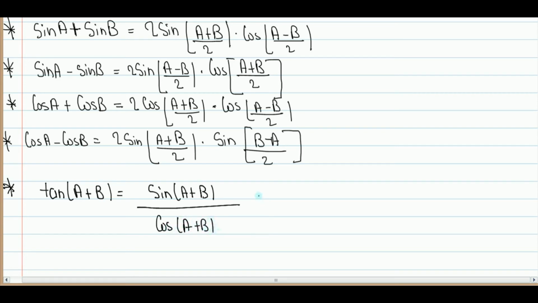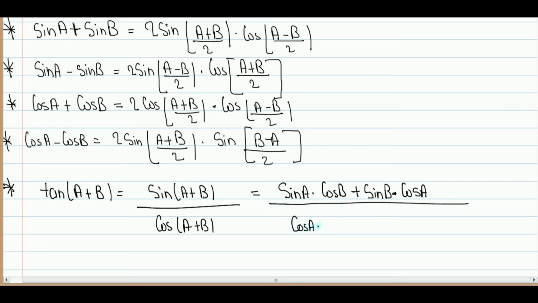Is it fine? Sin a plus b, we know the value: sin a into cos b plus sin b into cos a, divided by cos a into cos b minus sin a into sin b.